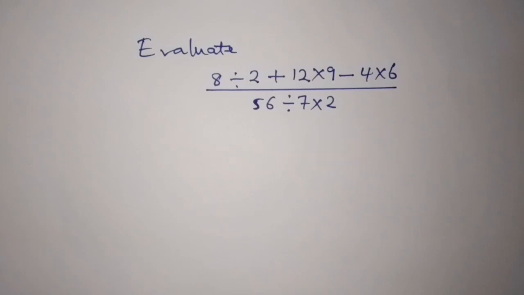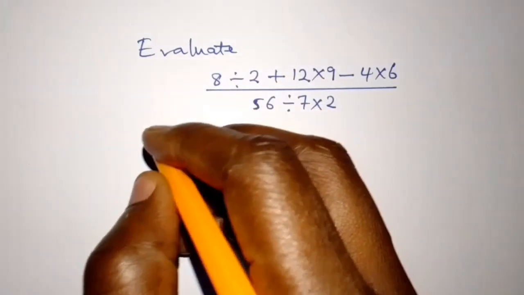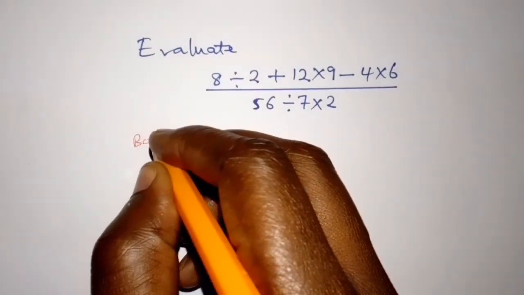Evaluate 8 divided by 2 plus 12 times 9 minus 4 times 6, over 56 divided by 7 times 2. Here we want to use BODMAS.